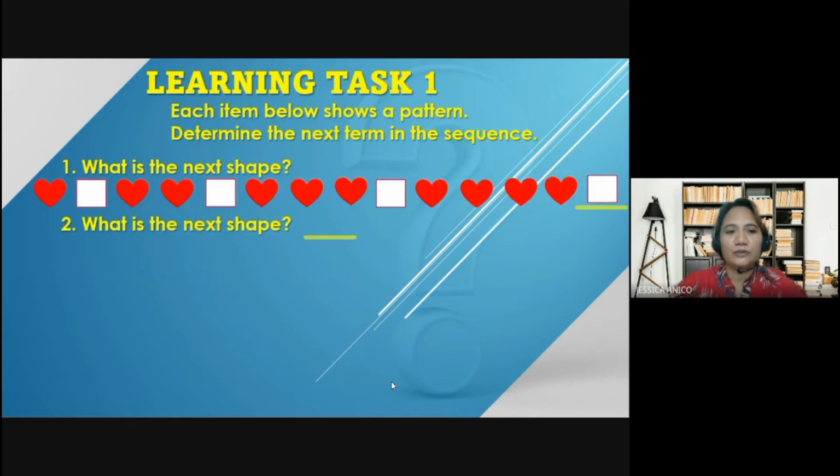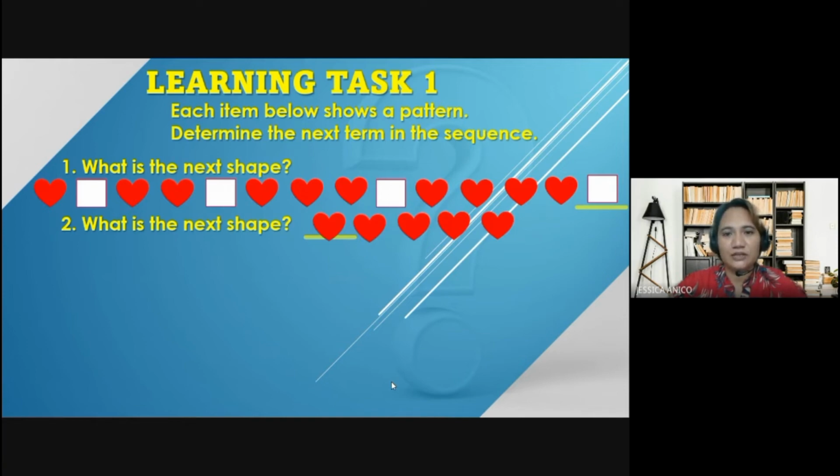How about for number 2? So in relation pa din sa ating example number 1, what will be the next shape? Okay, if your answer is a heart, you are correct. If we're going to get the next shape, we will get another 4 hearts.